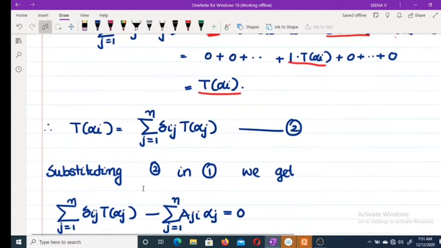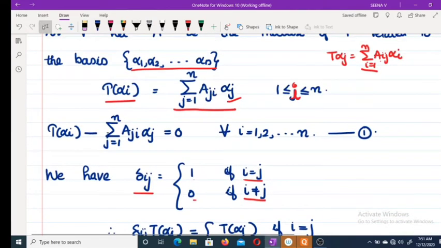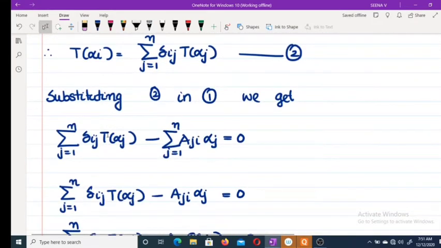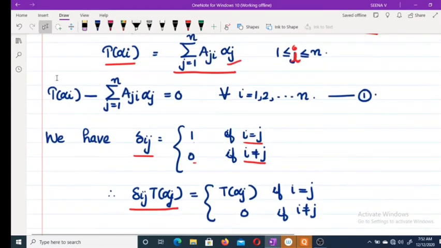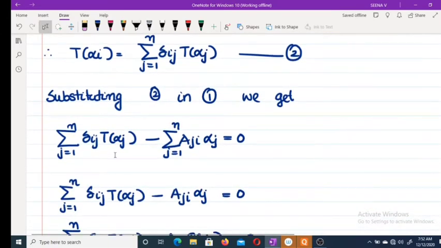So just substitute this T alpha_i in equation 1. Replace this T alpha_j by sigma j varies from 1 to n delta ij T alpha_j.